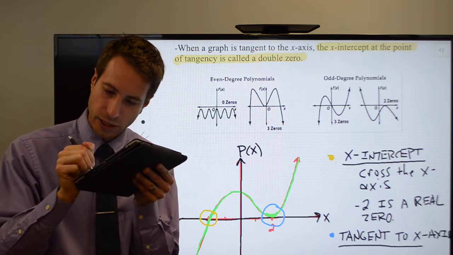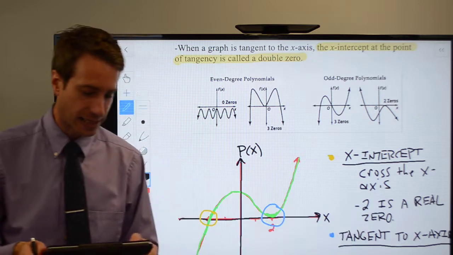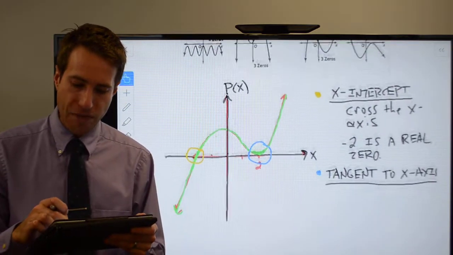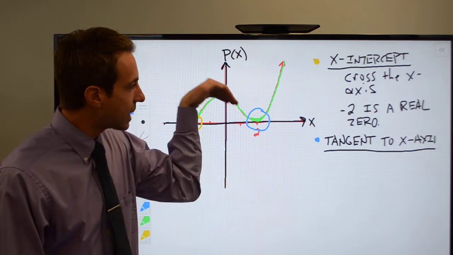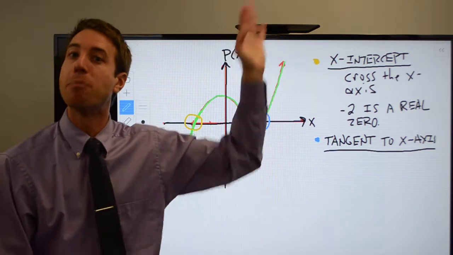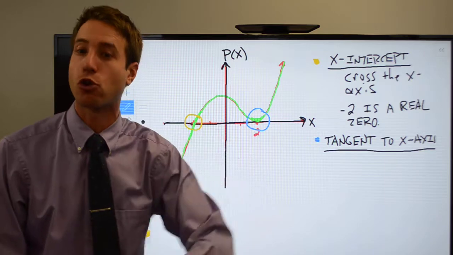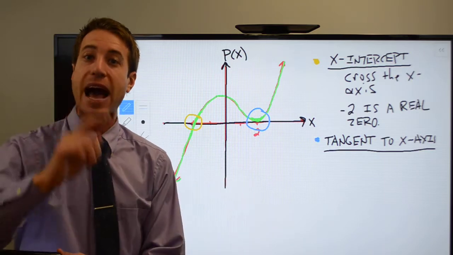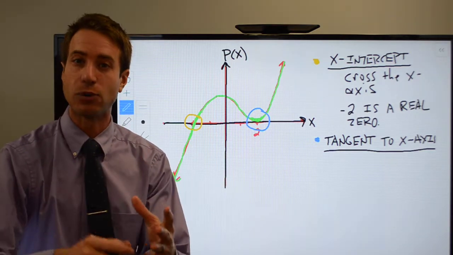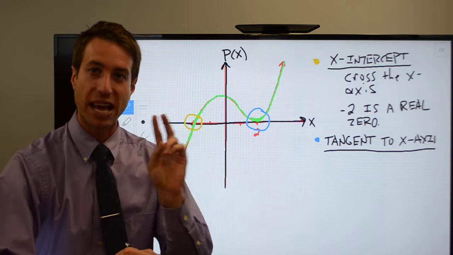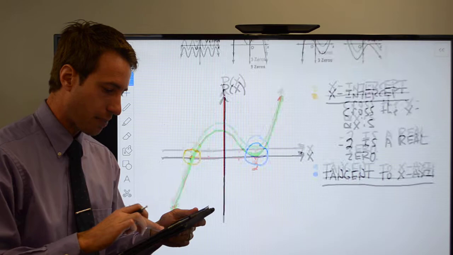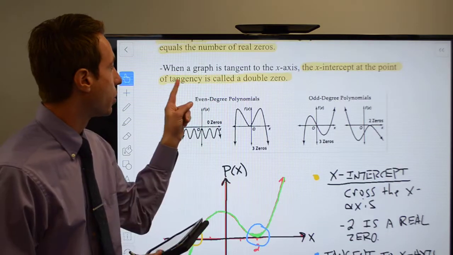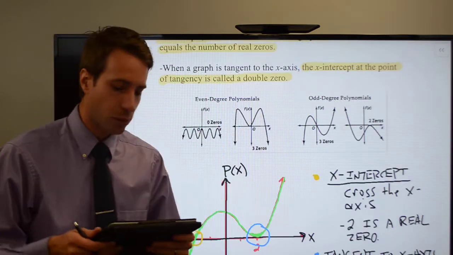When I'm tangent to the x-axis. And here's what's going on. What happens is when you come down and you touch the x-axis and then go back the direction you came from without crossing the x-axis, that root, that 0, is actually going to count as a double 0, which is exactly what I told you right up here in the part that we highlighted. The point of tangency is called a double 0.